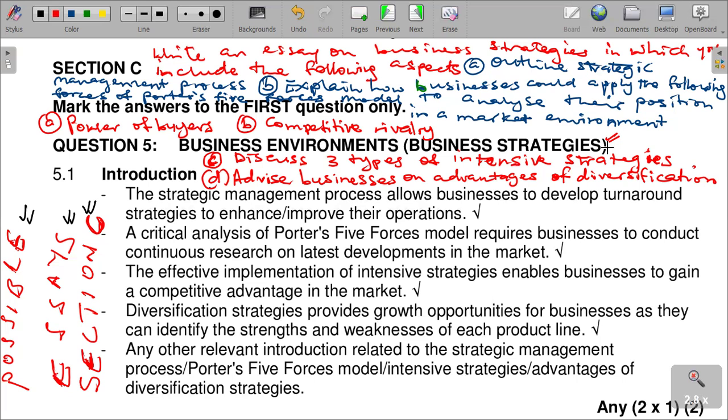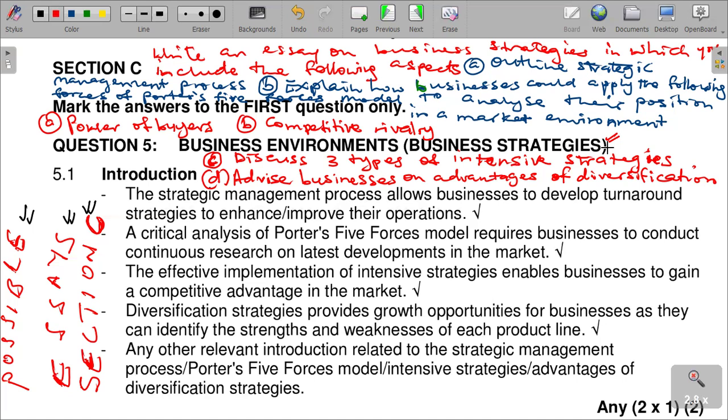So let's go to the question. The introduction, you must talk about what? On your introduction, you start by outlining the strategic management process, that it allows businesses to develop a turnaround strategy to improve their operations.